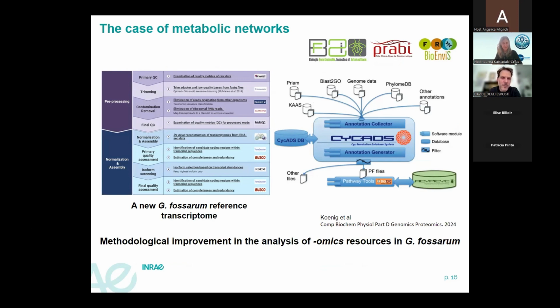the assembly of our reference transcriptome, decreasing the impact of RNA contaminants and the redundancy that we have in the transcriptomes. And we applied a pipeline called CKDS, where you combine different sources of annotation and can generate a coherent annotation of metabolic pathways.